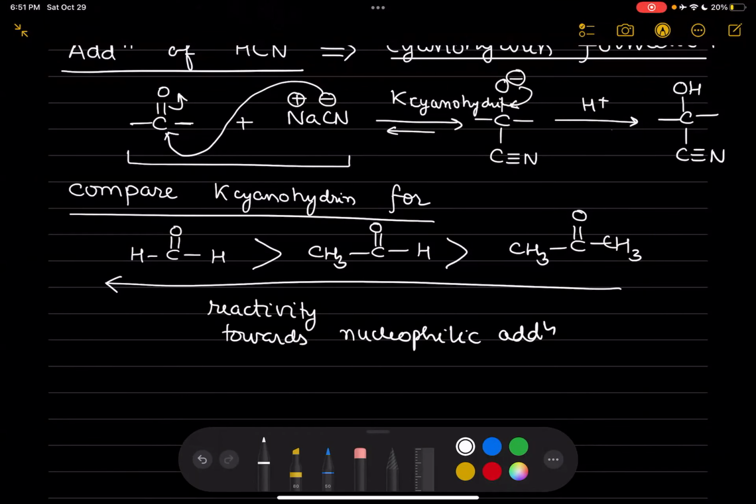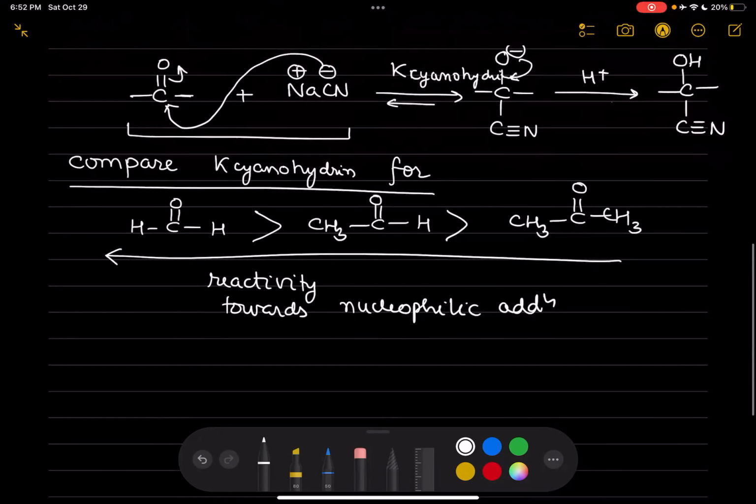Reactivity towards nucleophilic addition, right? Why? What are the reasons? What could be the reason for this?